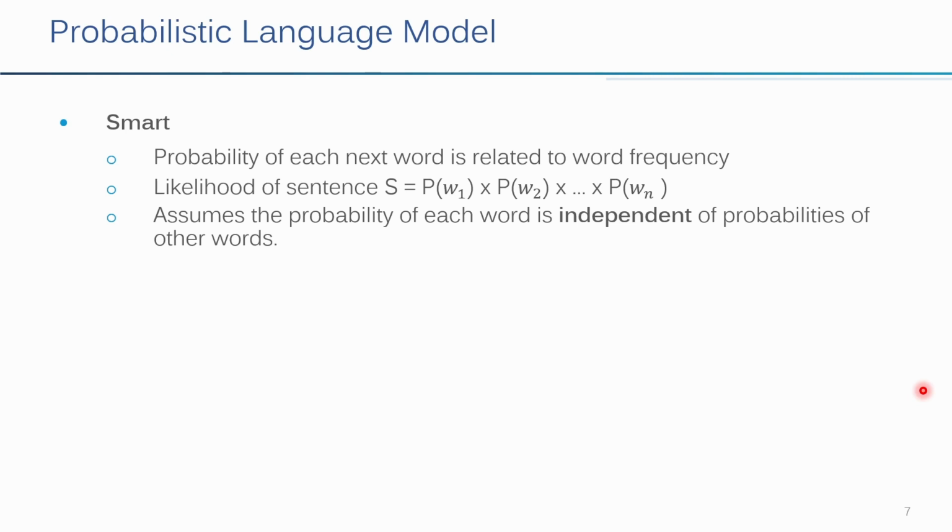And how can we calculate this? So the idea is the probability of each next word is related to its word frequency, of course, and then to calculate the likelihood of a sentence, we can simply calculate the probability of every single word and multiply them, right? If you have a toy example, it might work by itself, but there are problems with this representation.